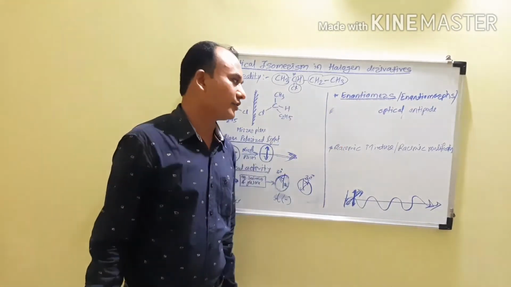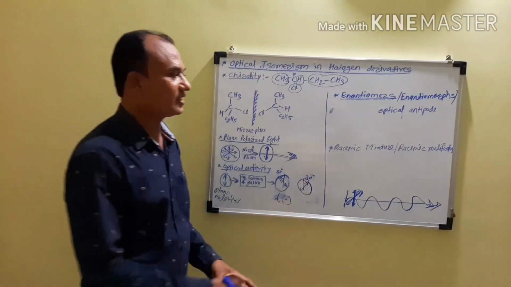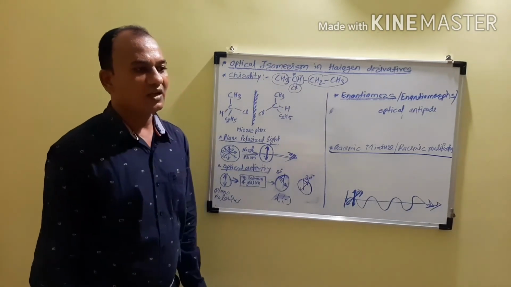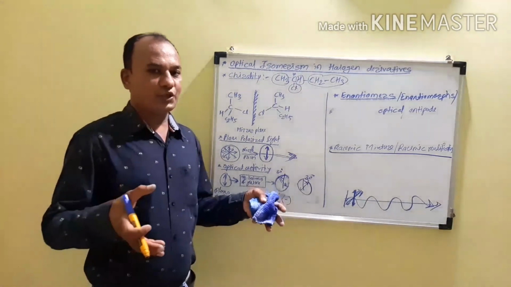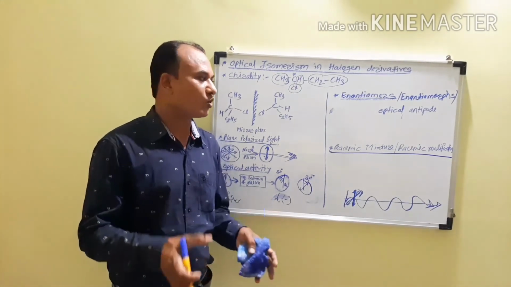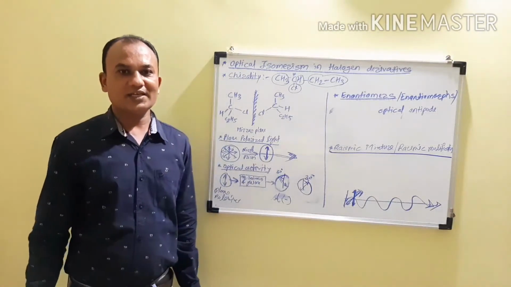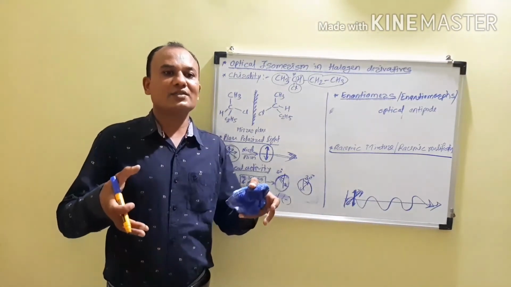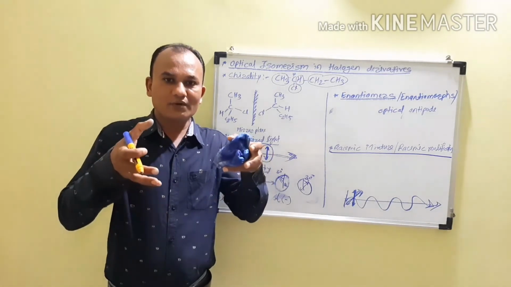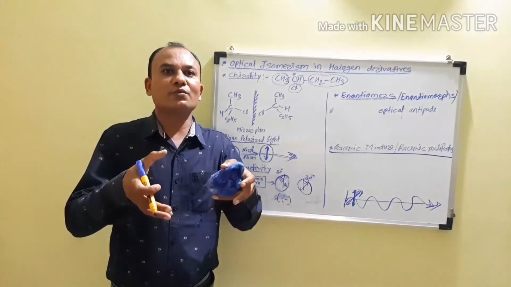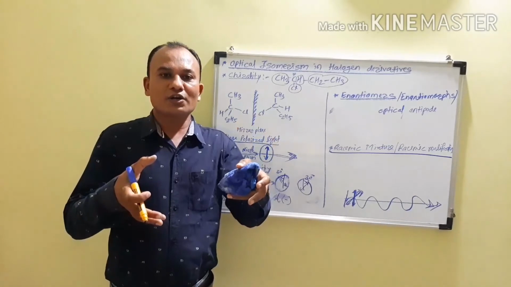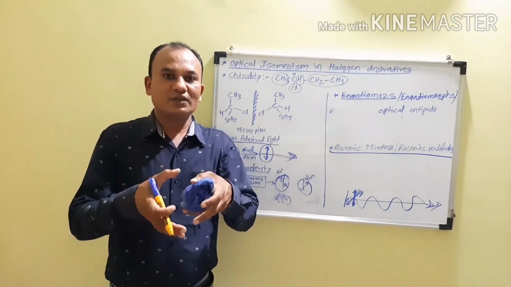Next, we have to consider the racemic mixture, also called a racemic modification. An equimolar mixture of the dextrorotatory and levorotatory isomers is called a racemic mixture. Equimolar means we take the same molarity of solution, the same number of dextrorotatory and levorotatory molecules, and mix them with each other.